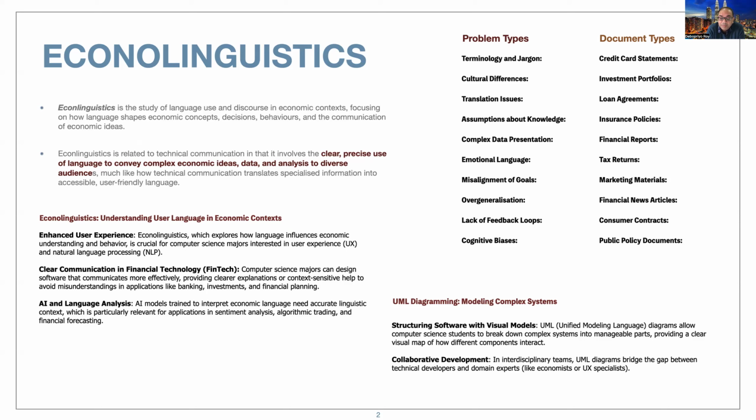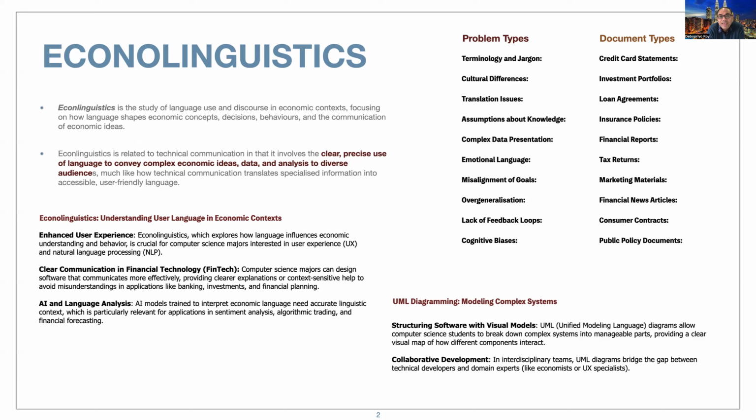And in interdisciplinary teams, an economist can work with a UX specialist, a computer science major who is not only a specialist in interaction design but someone very well versed with information architecture, like a financial simulator who is also working on algorithmic trading and so on.